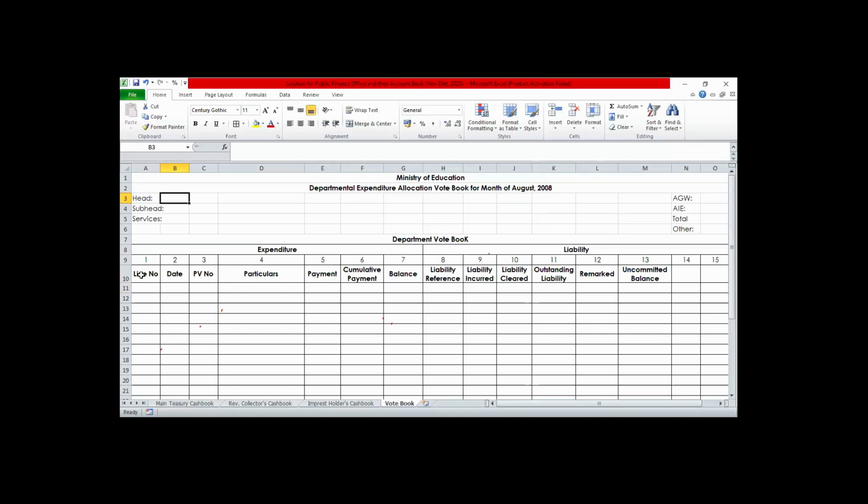Line number is only meant for numbering those transactions, 1, 2, 3. The date when the transaction takes place, the PV number, that's the payment voucher used for the payment, the particulars, the person you paid and what you paid that person. What do you pay for? How much do you pay? Now, cumulatively means you are adding the money you paid. The first one, 20,000. Then you also pay the second payment, happen to be what?